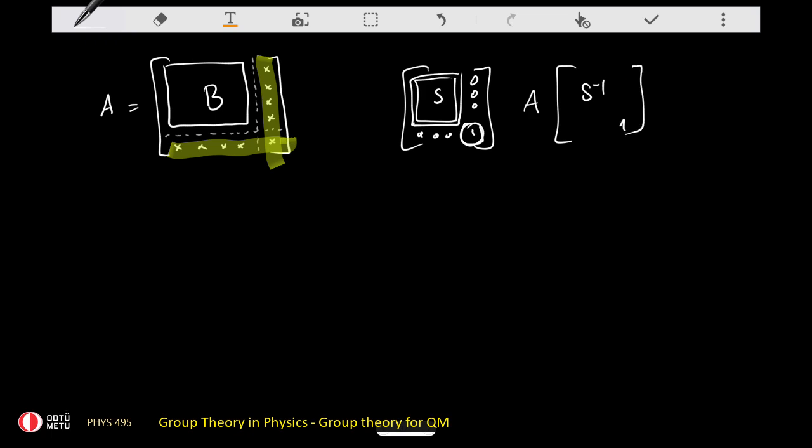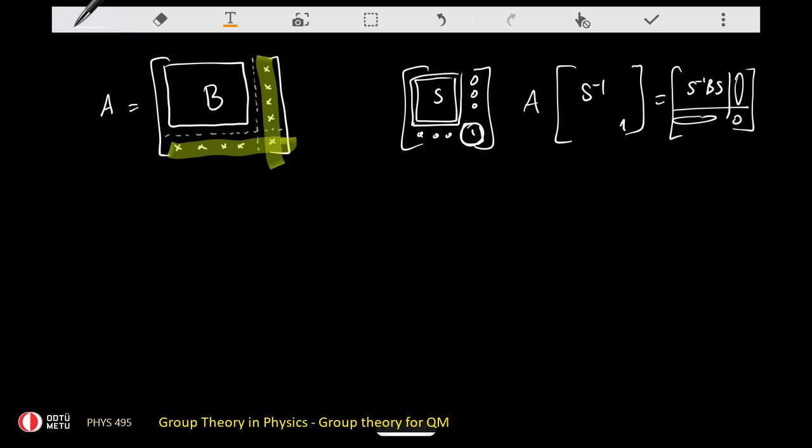That's essentially equivalent to taking the similarity transformation of the B matrix, and so these things are also going to change in this kind of a similarity transformation. But we know that in a similarity transformation, the eigenvalues do not change. These kinds of things will basically simplify the way we think about the proof of the theorem.